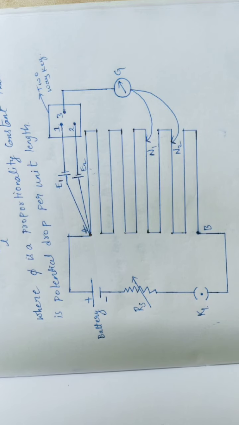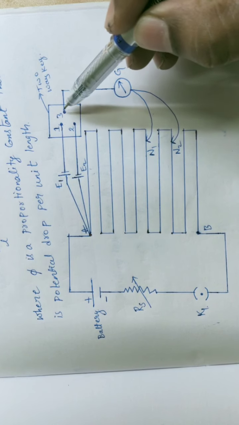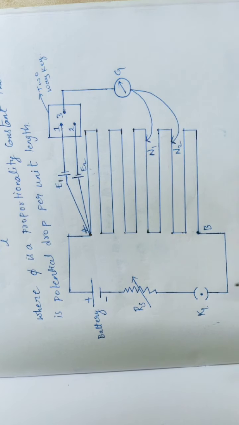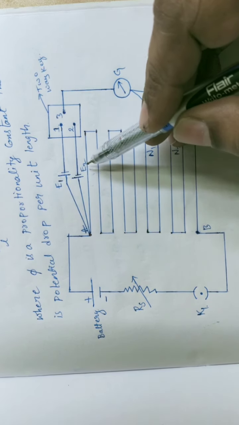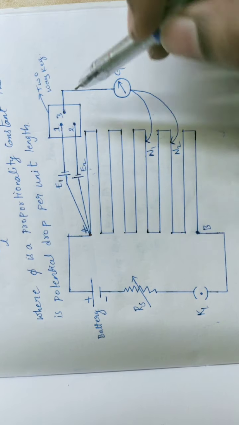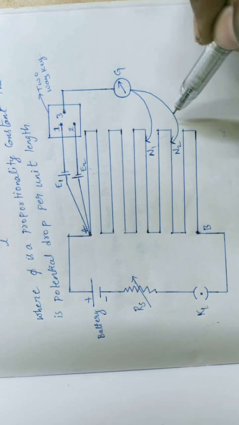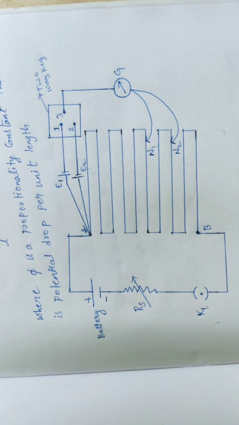If we use the second and third terminals, then the second cell with EMF E2 is in working condition, and with the galvanometer and jockey we can identify one more null point, named N2. Then the balancing length L2 can be found. This is just a small overview of the setup.